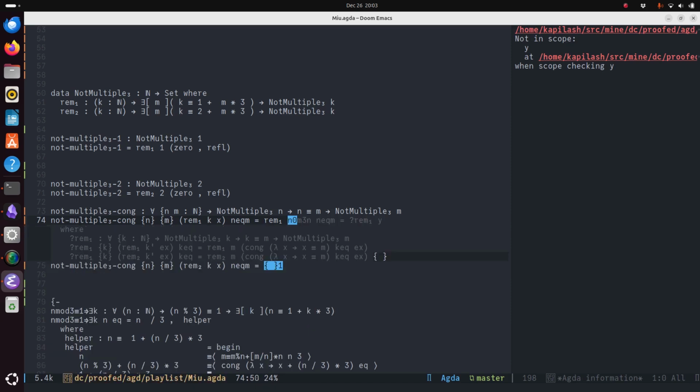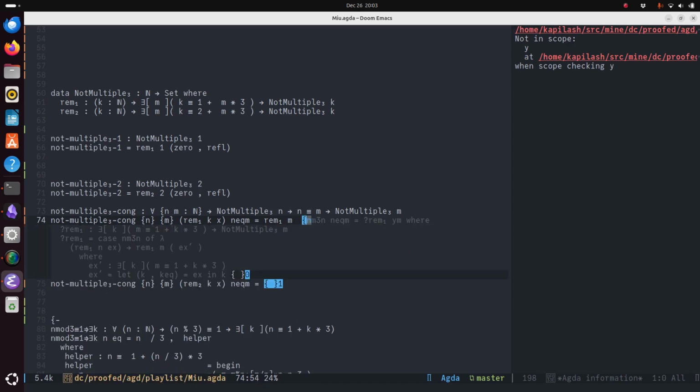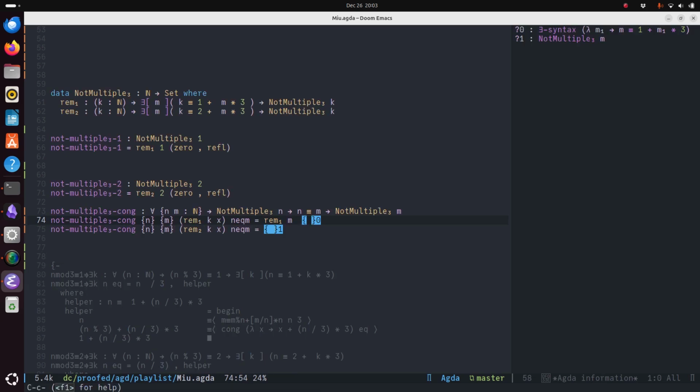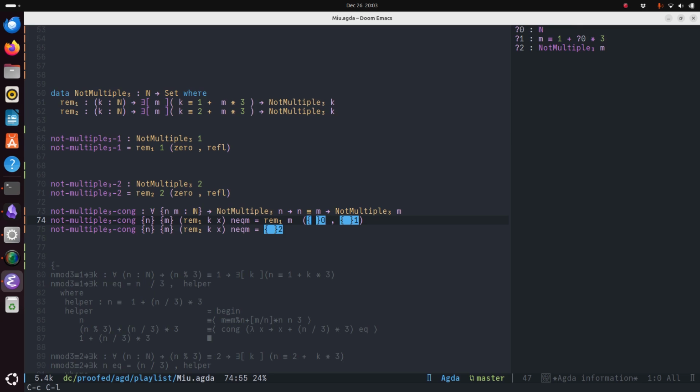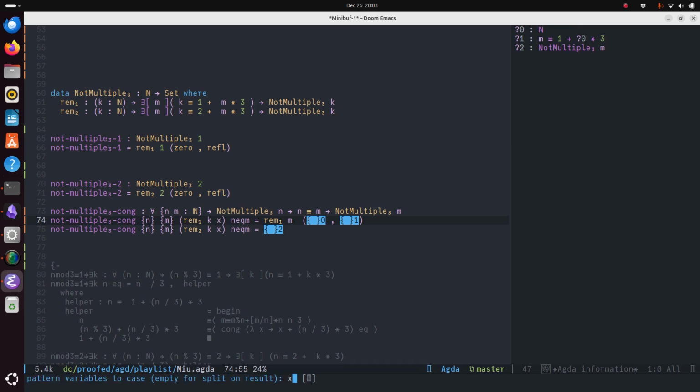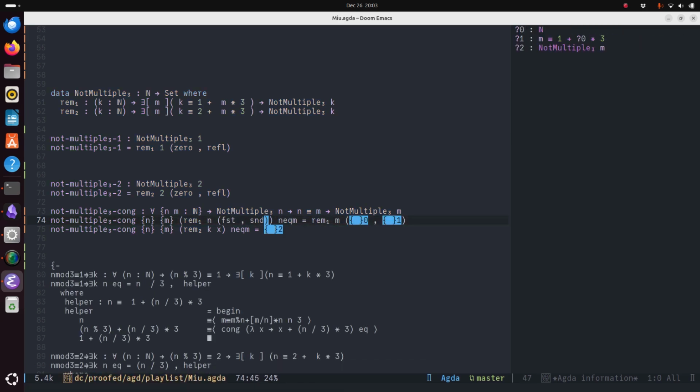Not multiple of 3 m, right? And we know if it is the k here, we'll get exactly the k here. Let us also do it on k.